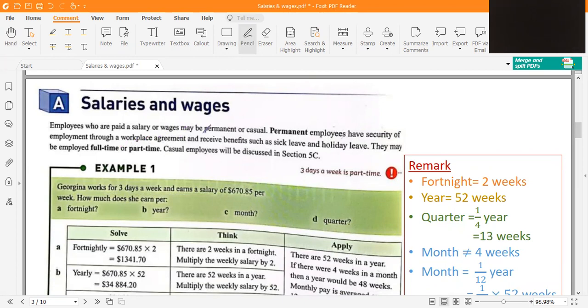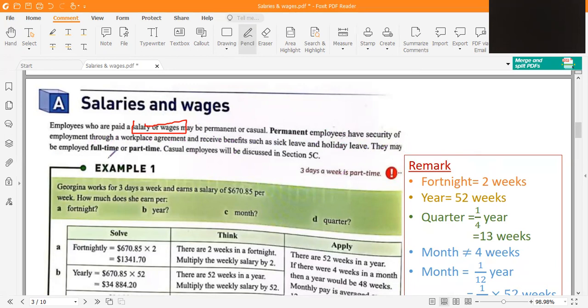Salary and wages can be permanent or casual. Permanent employees have security of employment. So the advantage of salary and wages is that permanent employees have security of employment through a workplace agreement and receive benefits such as sick leave, holiday leave, and so on.